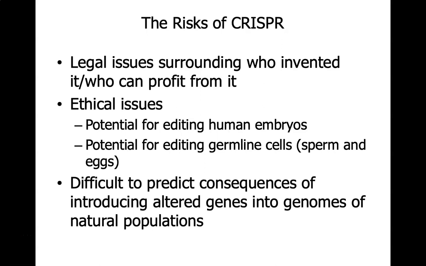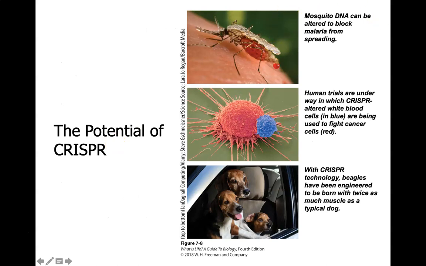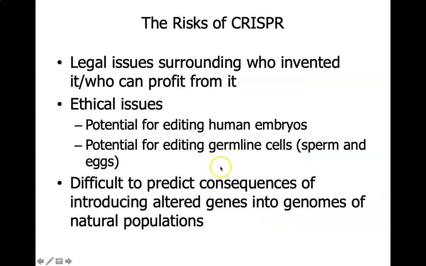The other risk with CRISPR is that it's hard to predict the consequence of altering those genes. So you might look at one side of this example with blocking malaria spreading and say, hey, if we can stop malaria, we can stop a lot of people dying.